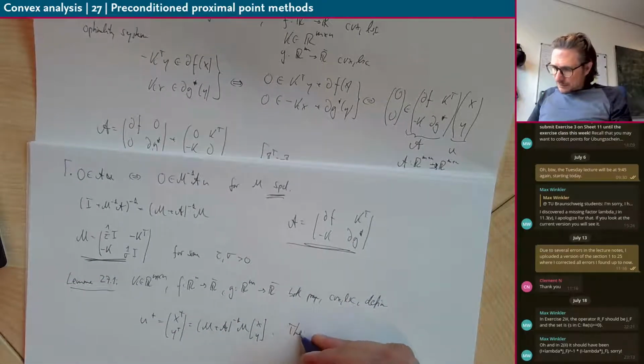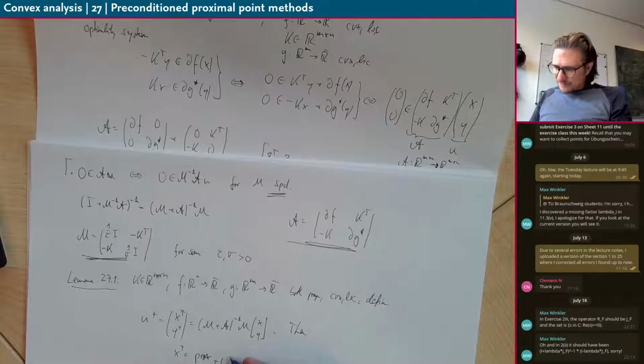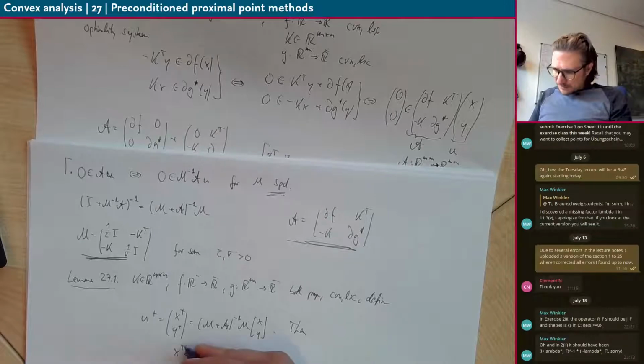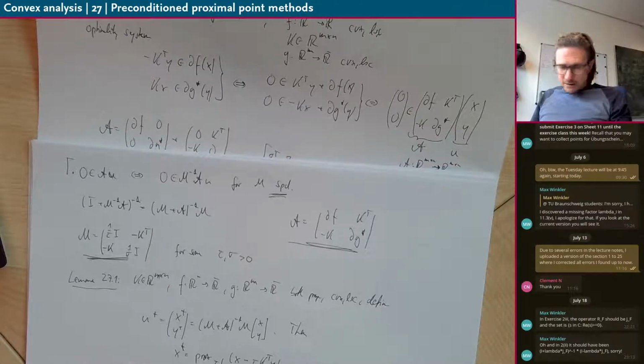And then we see that this x plus is actually the prox of tau times F applied to x minus tau K transpose y, and the y plus is then the prox of sigma G star applied to y plus sigma K times 2x plus minus x.